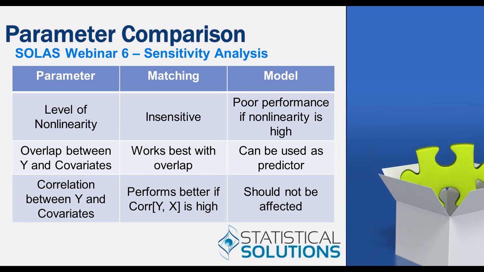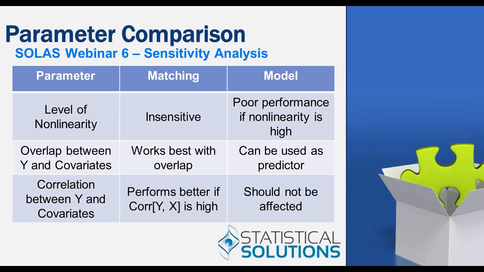Then there's the overlap between the predictor and the covariates. The model-based methods can be used as predictors, and the correlation between the predictor and the covariates would not be affected much with the model-based approach.